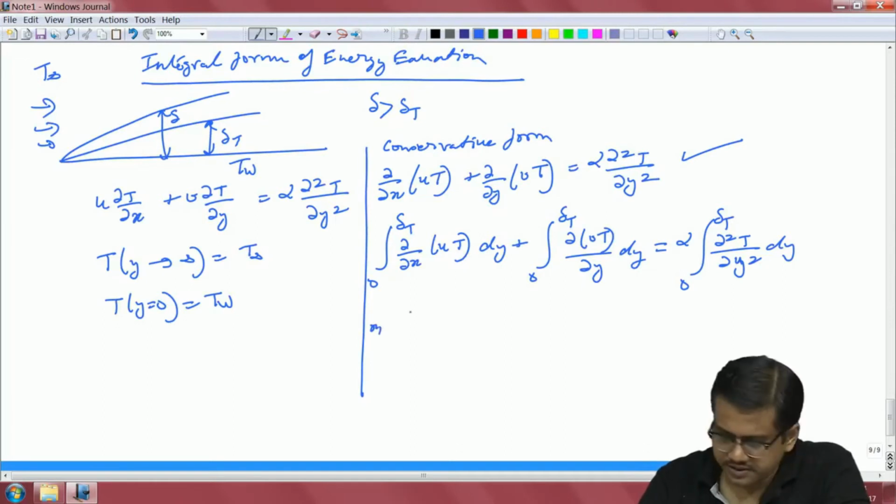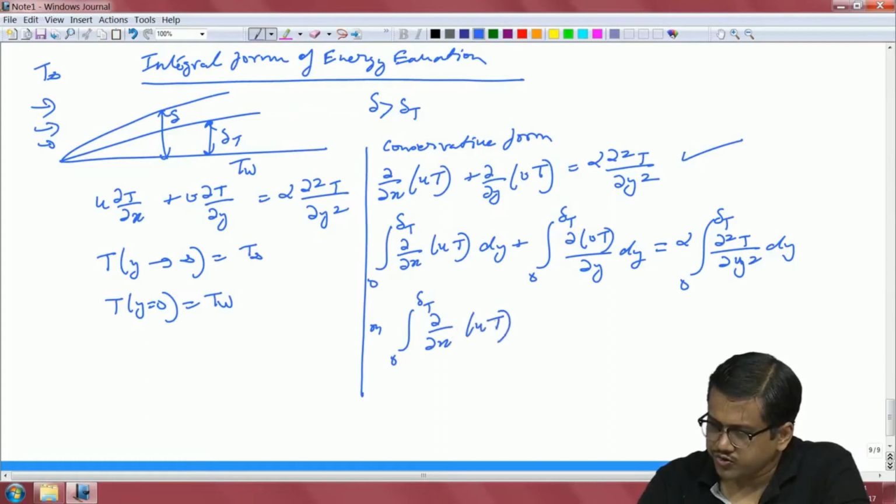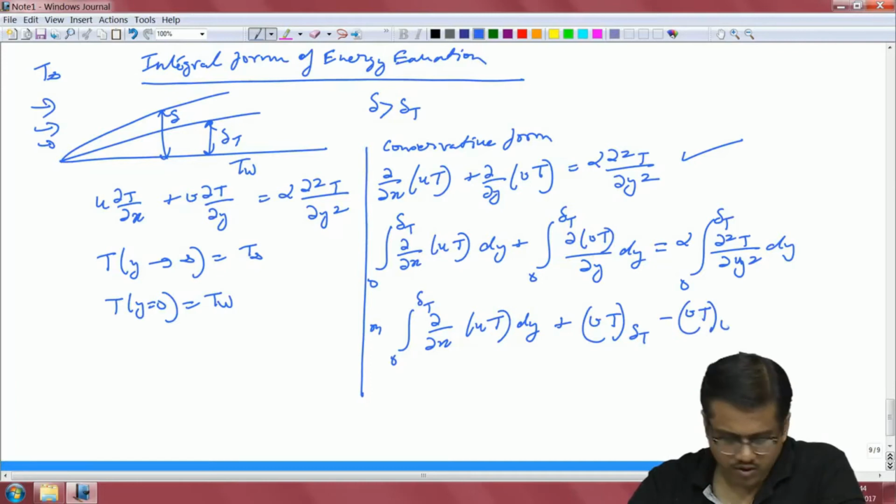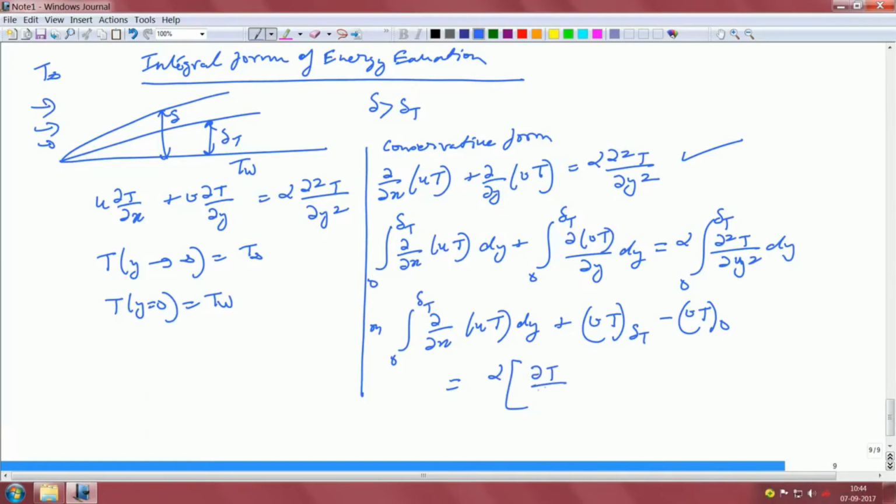So, once that is done, this is equal to 0, which is basically true because we are not considering suction and blowing, we have already written.